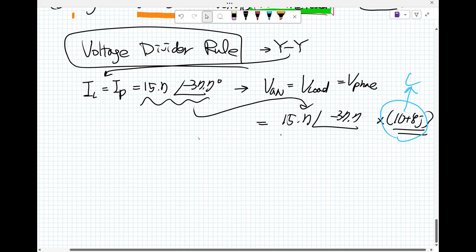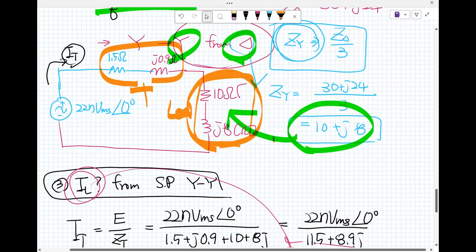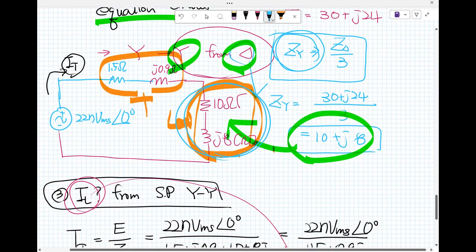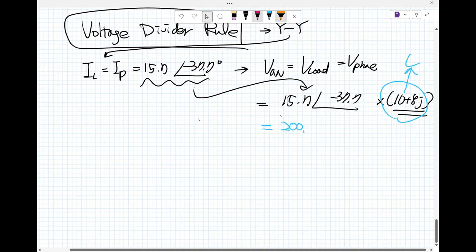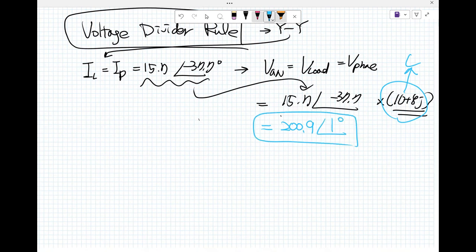Go back to the Y to Y circuit here. So that is what I wanted to do, and finally we can get 200.9 at 1 degree. That was the phase voltage.